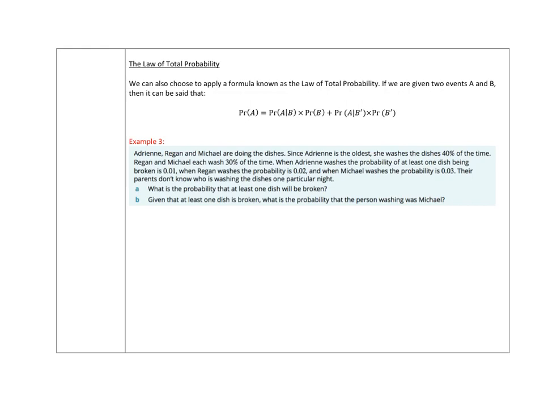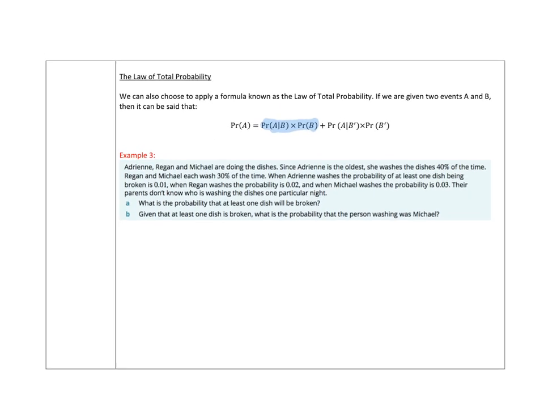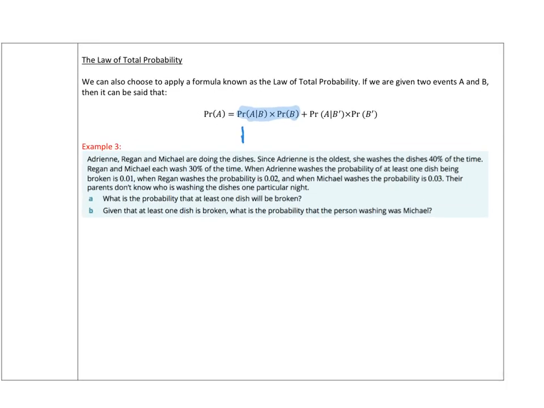But you might notice that if we look at the first section here, A given B times B, well, we knew that as just a rearranging of the probability of A and B.